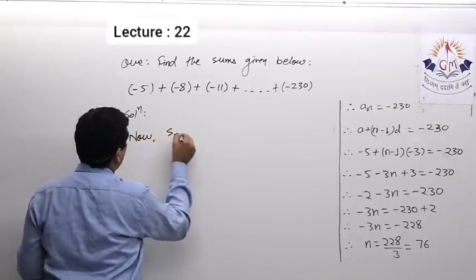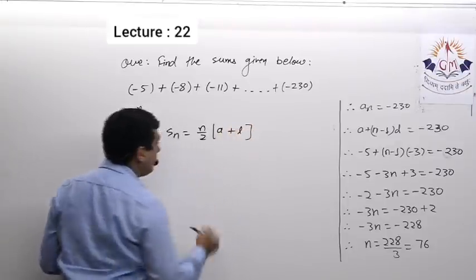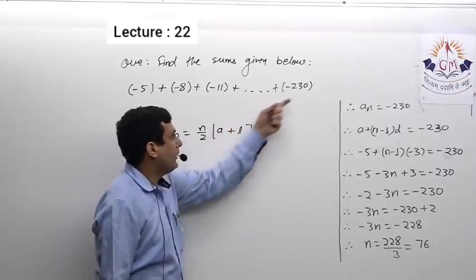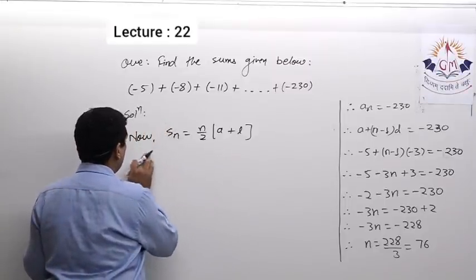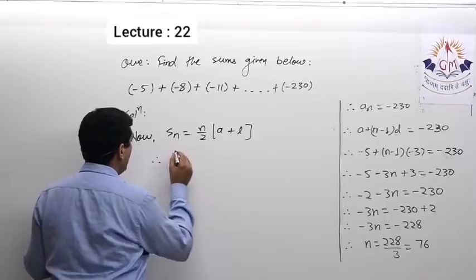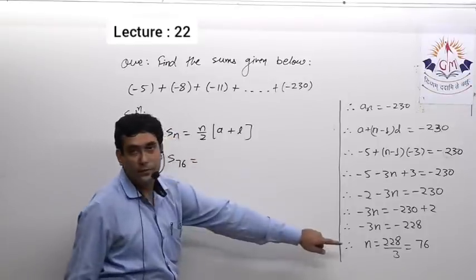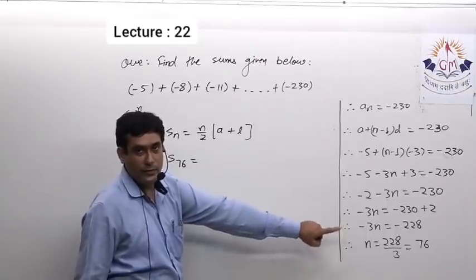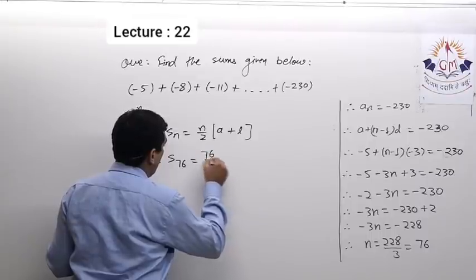So now Sn is equal to n by 2 times a plus l. Okay, I can use both the formulas, but as I have the last term, I'll go with this formula. This will save my time. Not much, but definitely a little bit. So S76. Okay, because now we have the value of n, which is 76. That means this AP contains 76 terms. So 76 by 2.